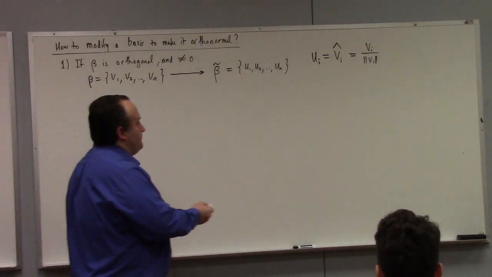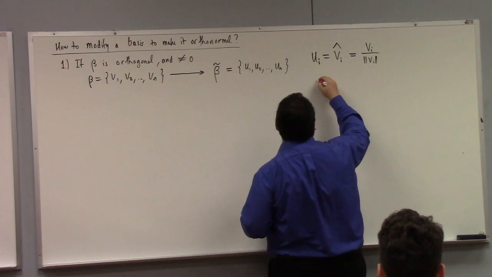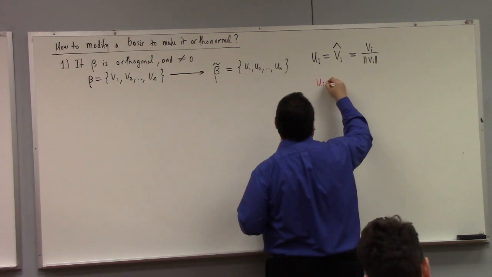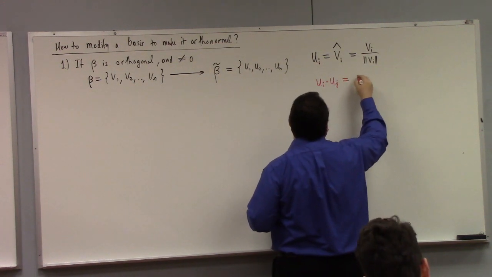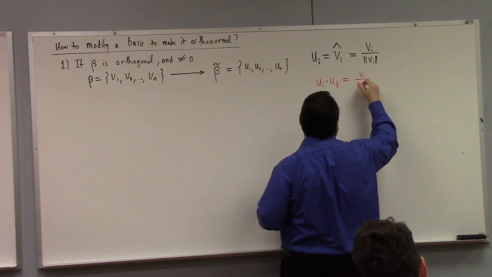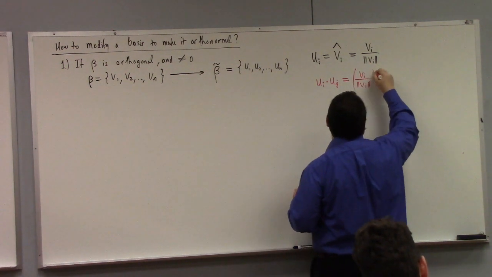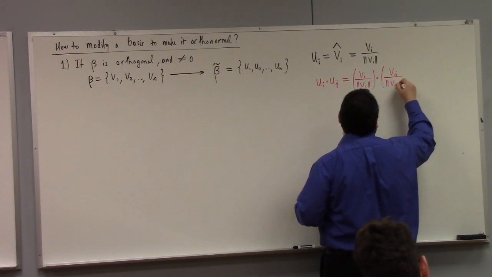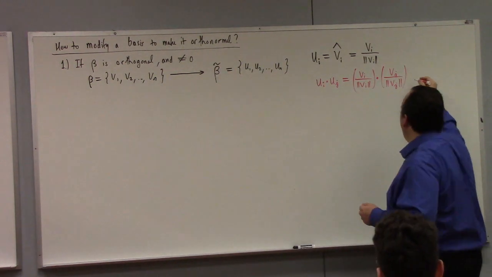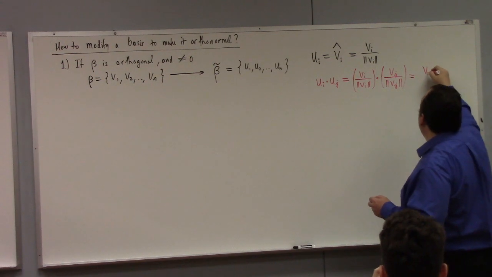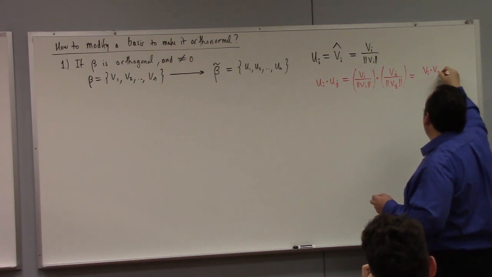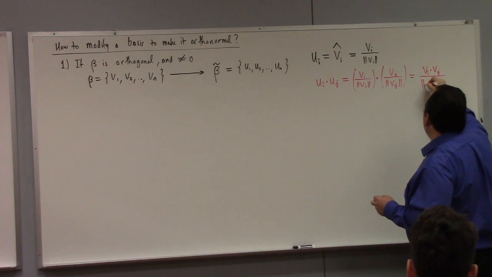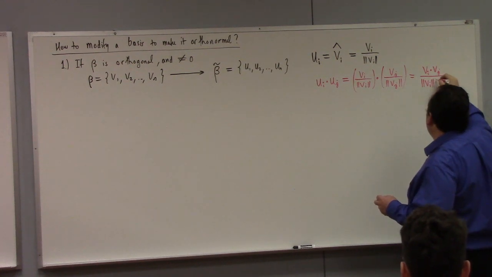Well, let's try it out. How's this work? ui dot uj is equal to vi over the length of vi dot vj over the length of vj, if I take your construction. So that gives me vi dot vj divided by the length of vi times the length of vj.